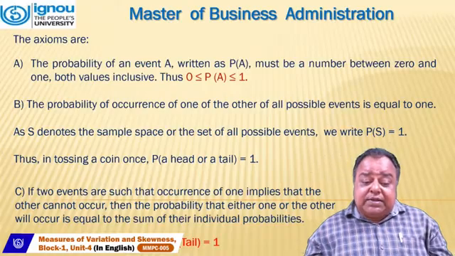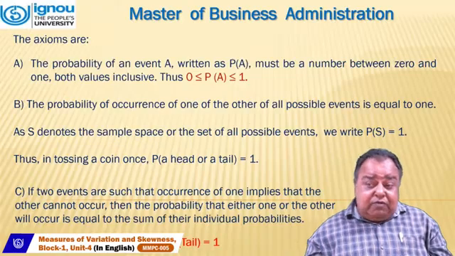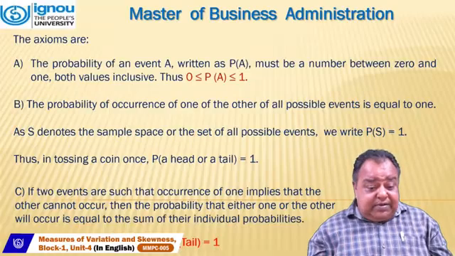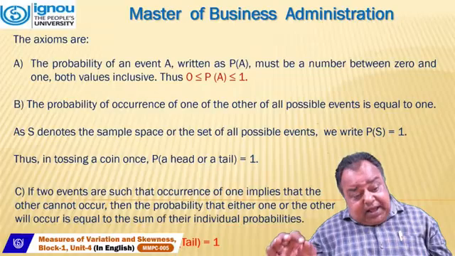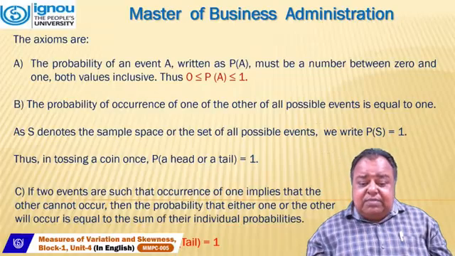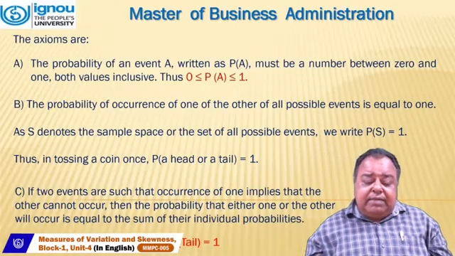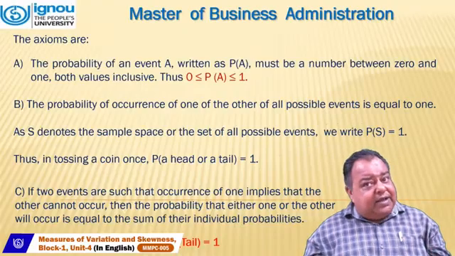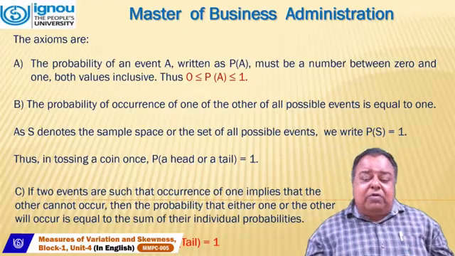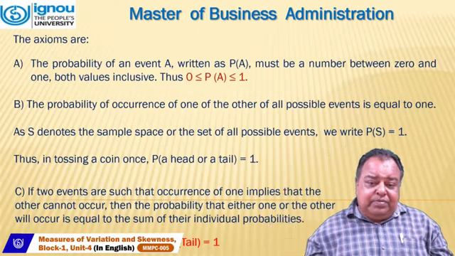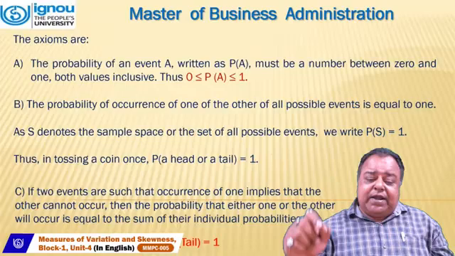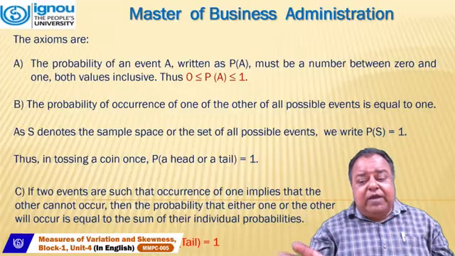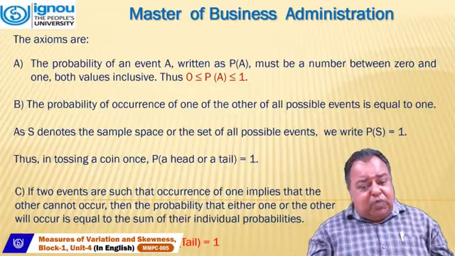If two events are such that occurrence of one implies that the other cannot occur, then the probability that either one or the other will occur is equal to the sum of the individual probabilities. That means probability of head plus probability of tail, when you add up, will be 1. You know that the probability of getting head is 1 by 2. The probability of getting tail is again 1 by 2. When we add, we get 1.